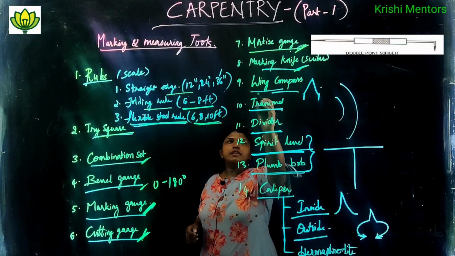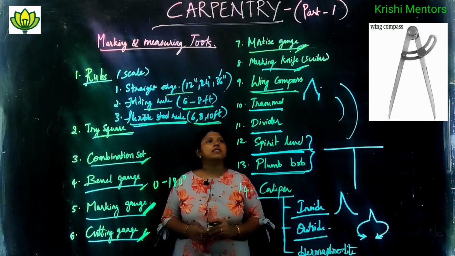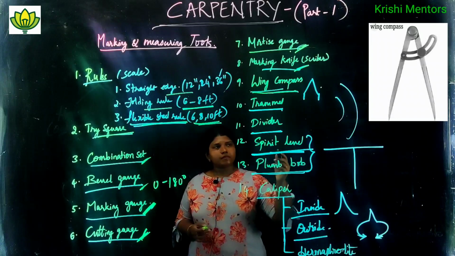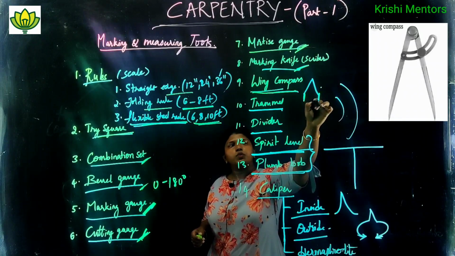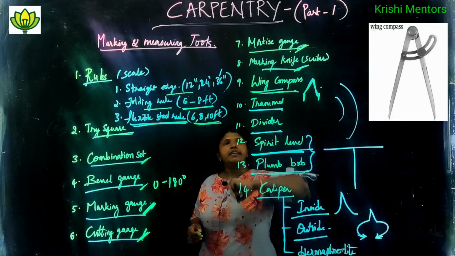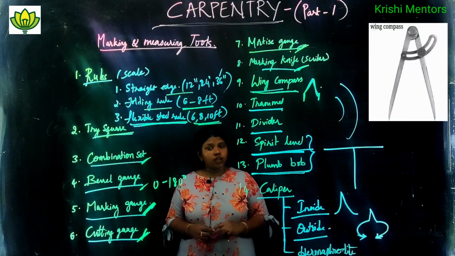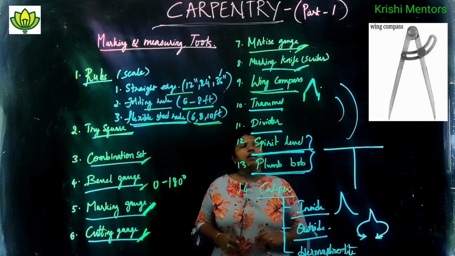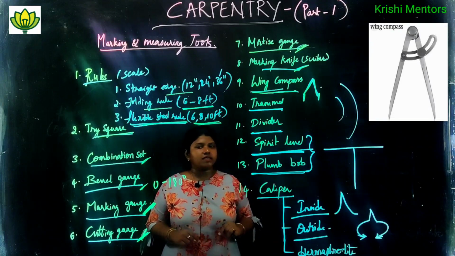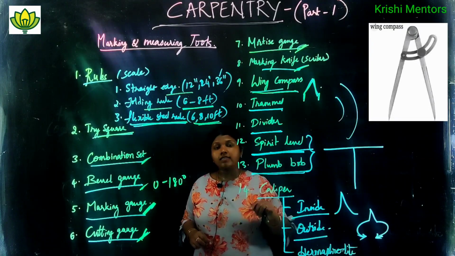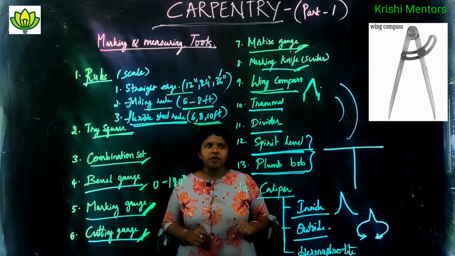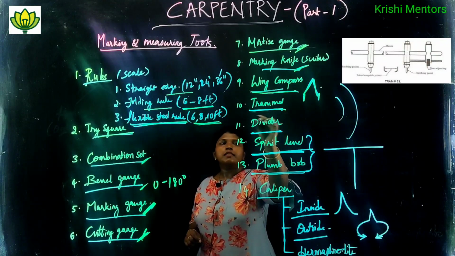Next, a wing compass. A wing compass is again a pointy edged, two-edged, angled tool which is used to measure the distances and also to draw arcs and circles on a job. And there comes a trammel here.